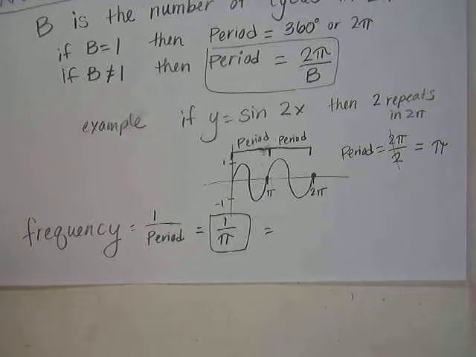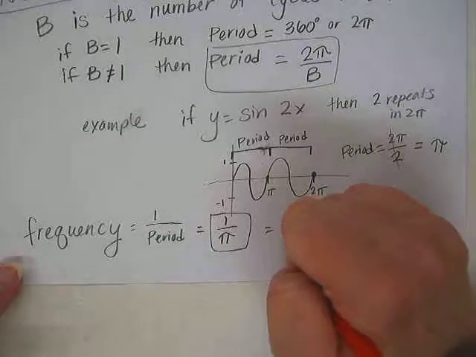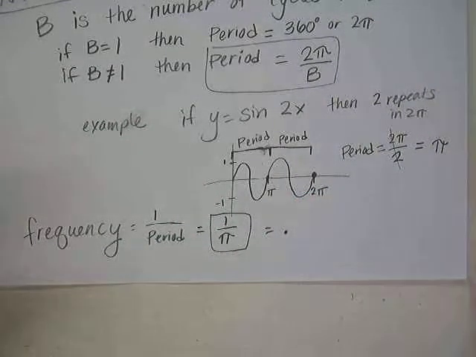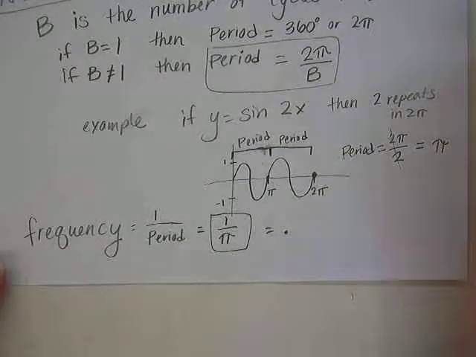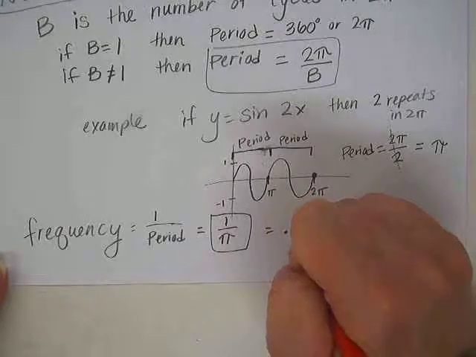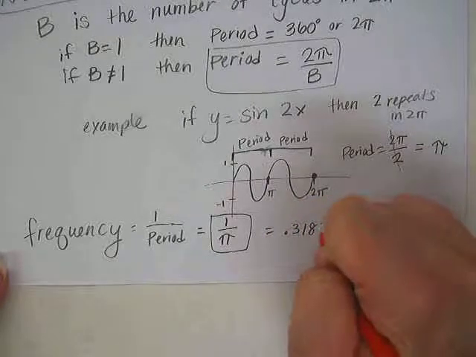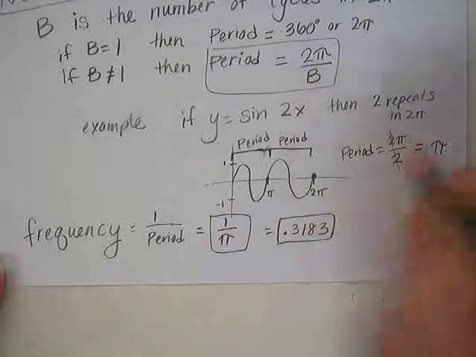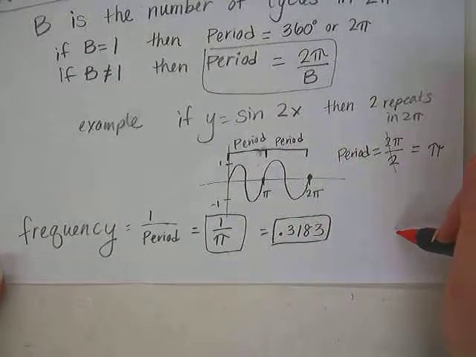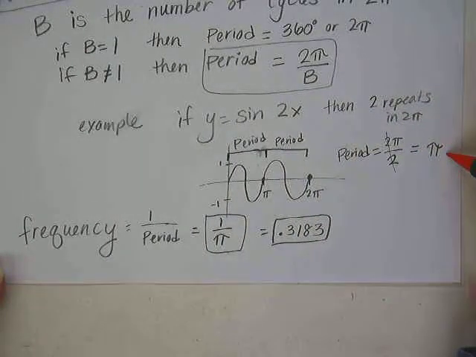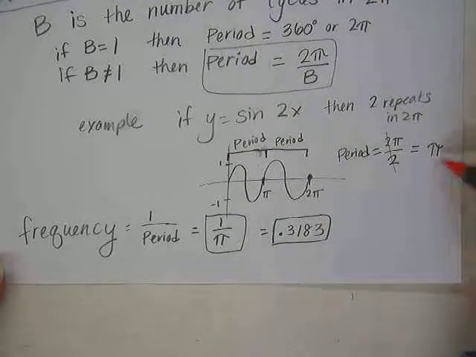Now what if you actually wanted a decimal answer for that? That would be exact, but what if you wanted like, divide it, correct? So take your calculator, go 1 divided by pi and find a decimal. What'd you get? 0.318.